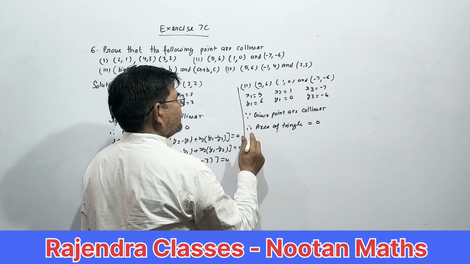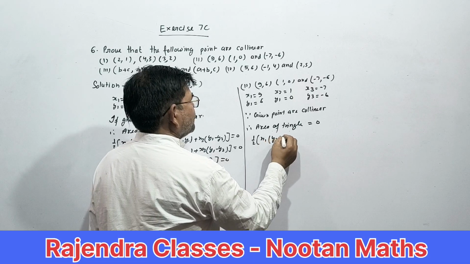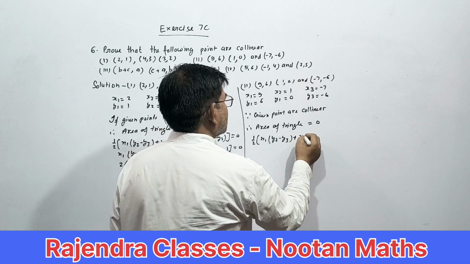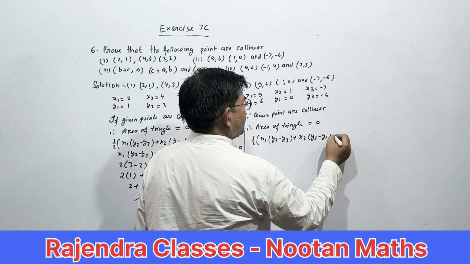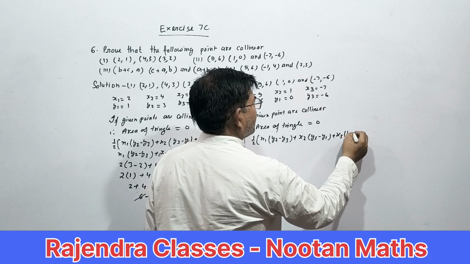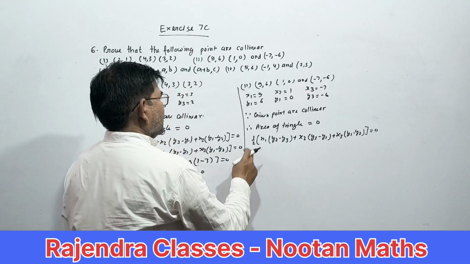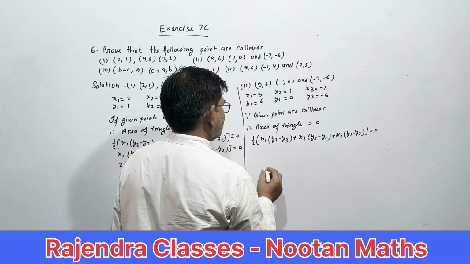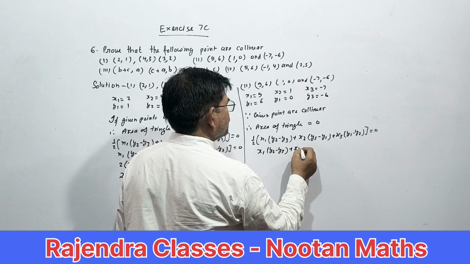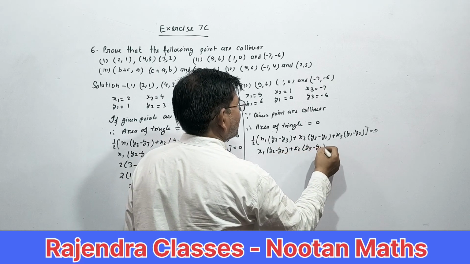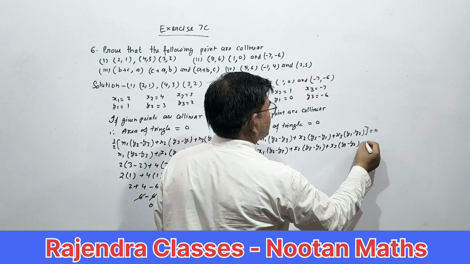Write the formula of area of triangle 1 upon 2 x1 (y2 minus y3) plus x2 (y3 minus y1) plus x3 (y1 minus y2) is equal to 0. After cross multiply, we find 0.